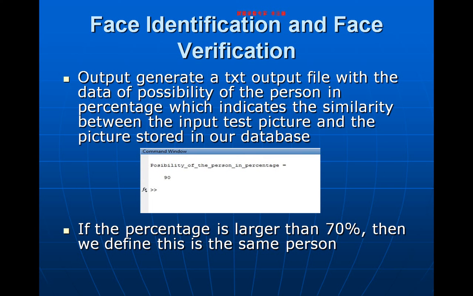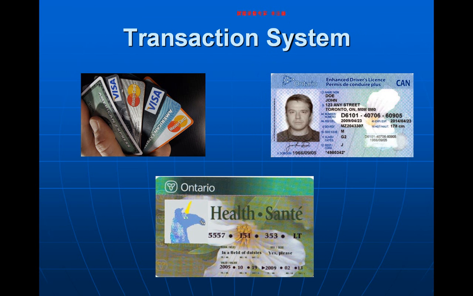That means this face can be identified as the same person. After the face is identified as the same person, it will be allowed to go through our transaction system.